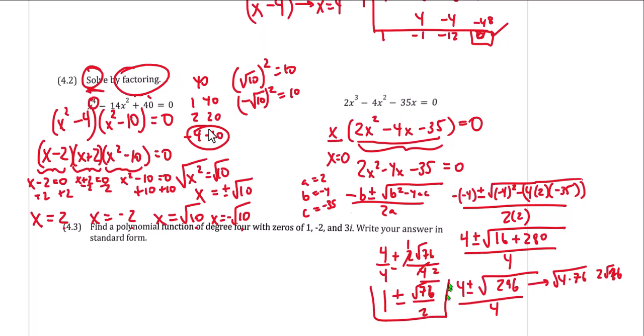So there's my other two roots. My first root was right here, this x equals 0. And my other two roots, I'll write them all up here. X equals 0, x equals 1 plus root 76 over 2, and 1 minus root 76 over 2.